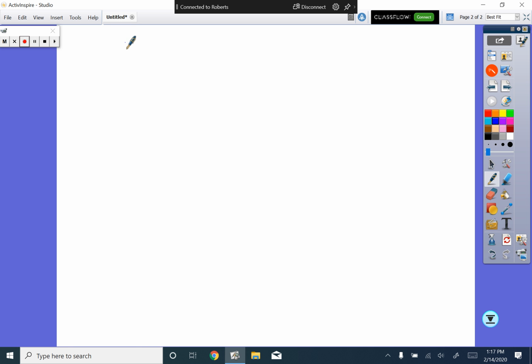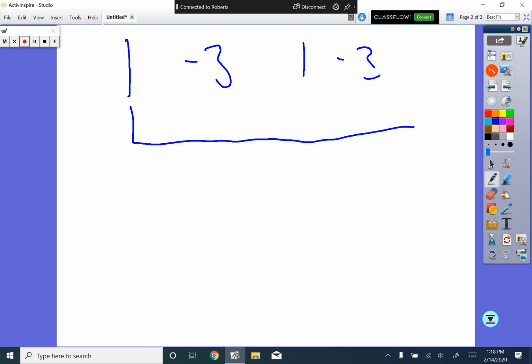Okay, once again, what were those coefficients? 1, -3, 1, -3. Correct? I just want to show you guys you can actually do synthetic with imaginary numbers as well. So one of our imaginary solutions was I. Agreed? Okay, so let's go through it. 1 times I is I. What do we do there?